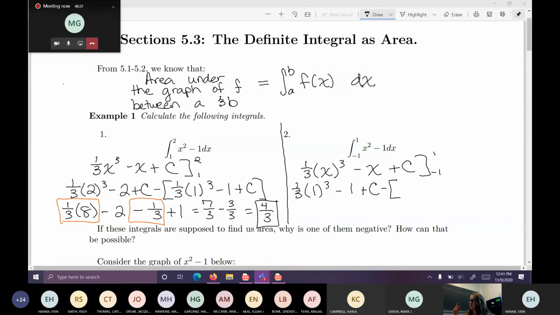And then we plug in -1. And I'll just save us the algebra and the time and just tell us that this is -4/3.